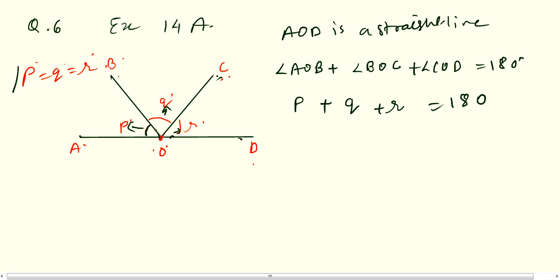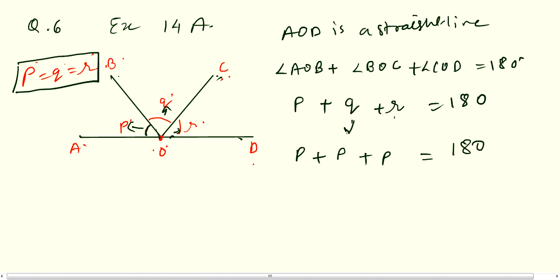Now in the question it is given that angle P equals Q equals R. So you can solve this question in three ways. The first way is, let P stay as P, plus in place of Q you can write P, plus in place of R you can write P. So you will get 180.